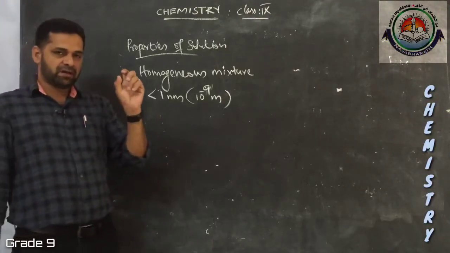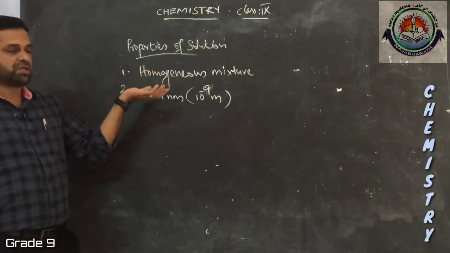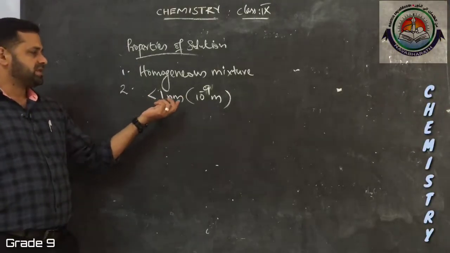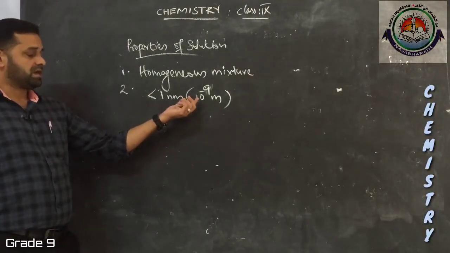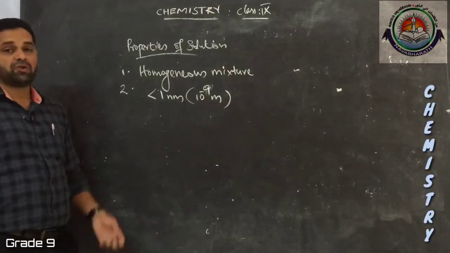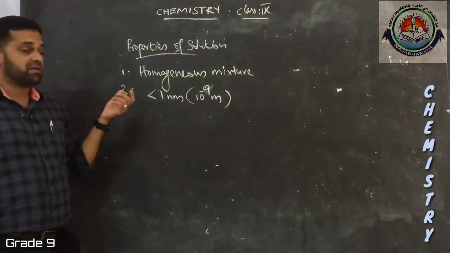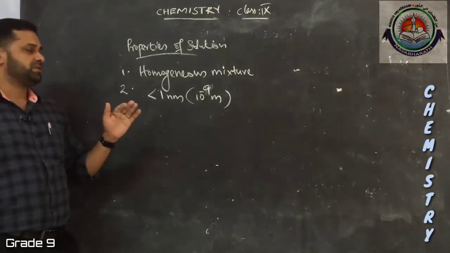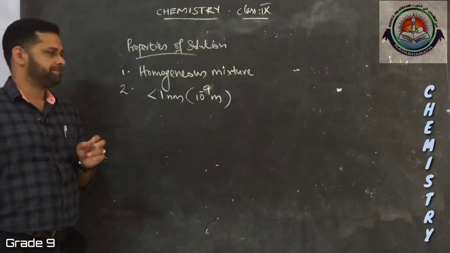The size of the particles present in the solution is less than 10 raised to minus 9 meter. So we cannot see them with our naked eye. That much smaller are the particles.